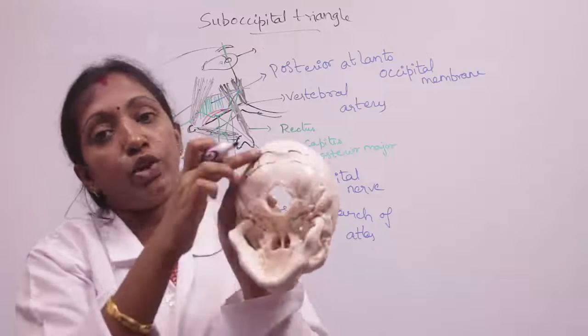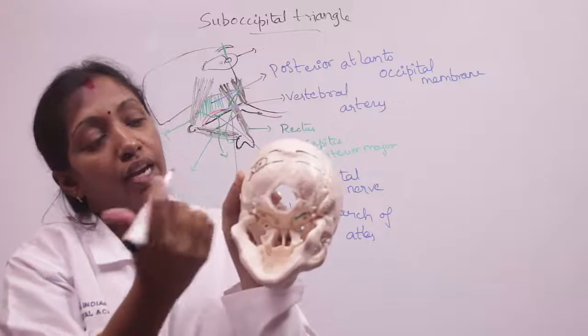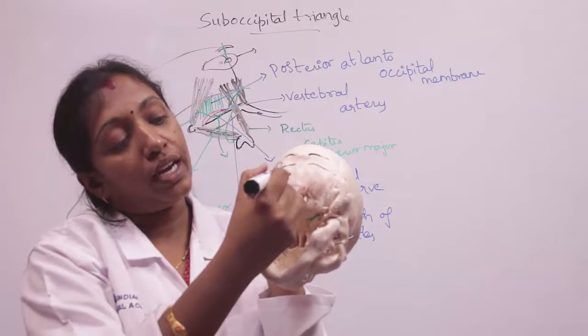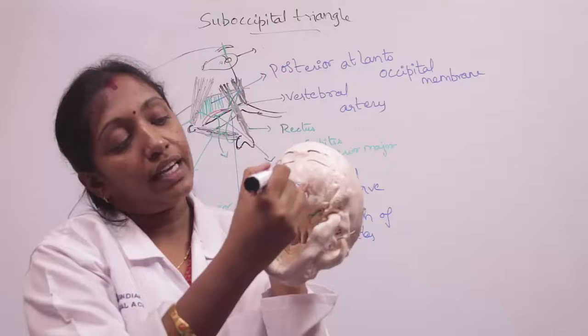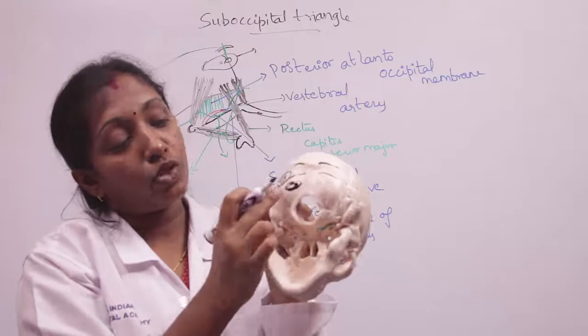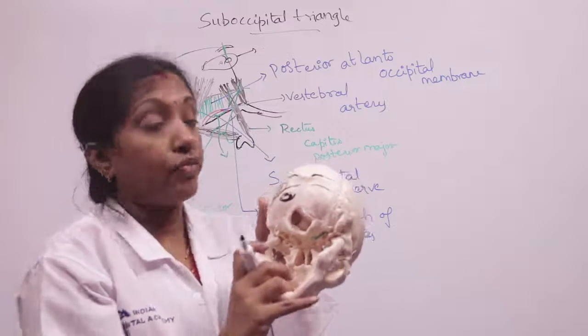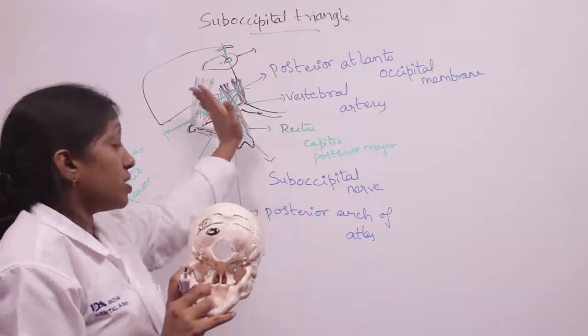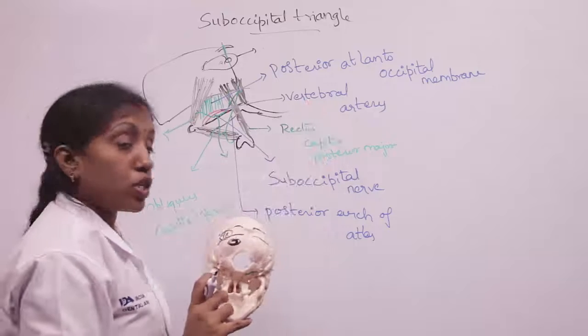So this is the superior nuchal line, and here is the inferior nuchal line. Here it is inserted into the area below the inferior nuchal line, just a little bit lateral. So that is the insertion of the rectus capitis posterior major, which forms the superomedial boundary.